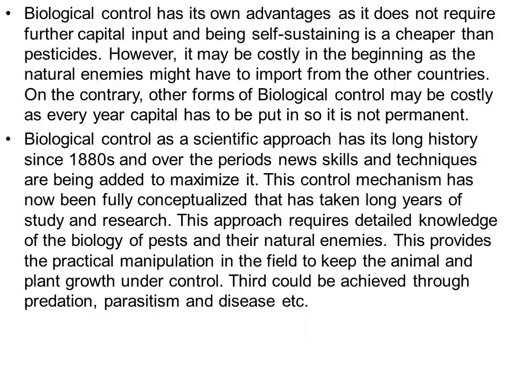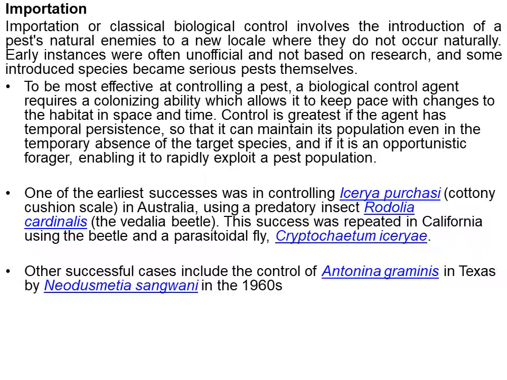This provides practical manipulation in the field to keep the animal and plant growth under control, which could be achieved through predation, parasitism, and diseases. So, of the four ways, the number one method is importation.